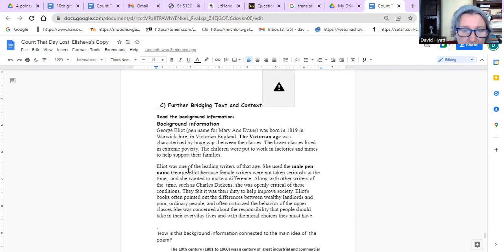They felt it was their duty to help improve society. They felt it was their duty, their role, to help improve society. Eliot's books often pointed out the differences between wealthy landlords and poor ordinary people, and often criticized the behavior of the upper classes.